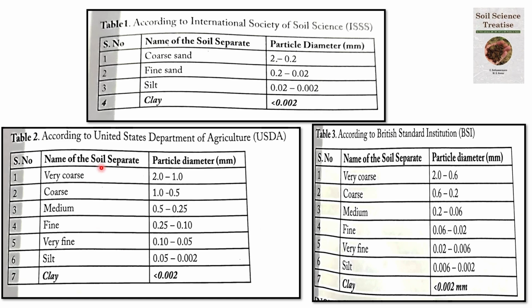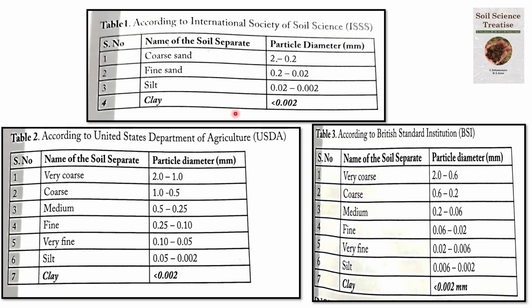So any particle less than 0.02 millimeter, or you can write it as 2 micrometer, is a clay particle. Among these, ISSS and USDA are the widely used classification systems.